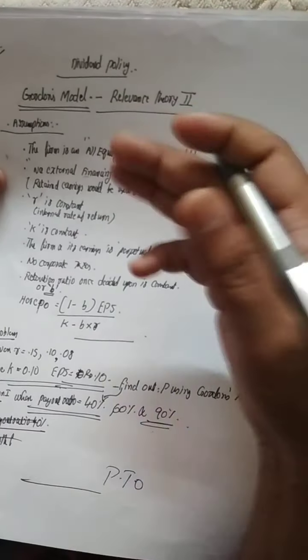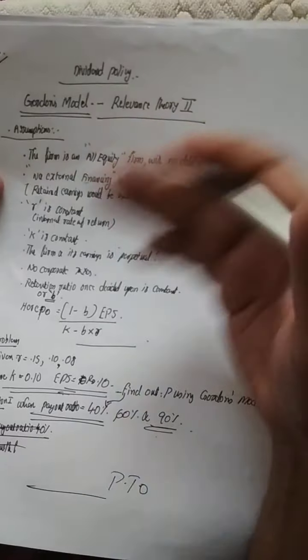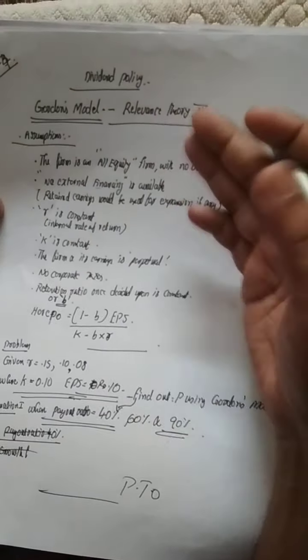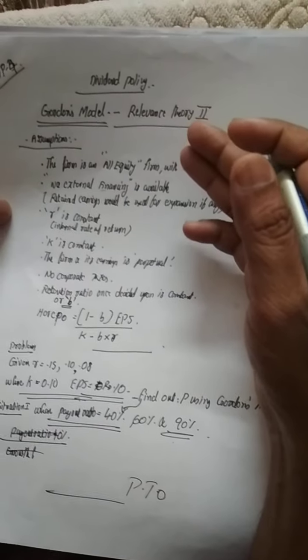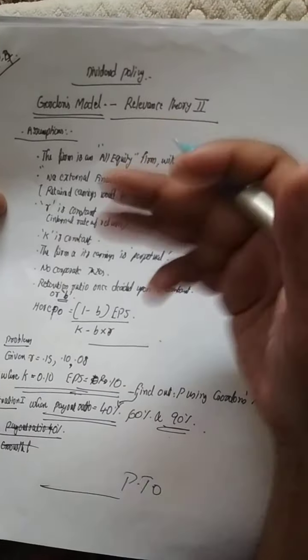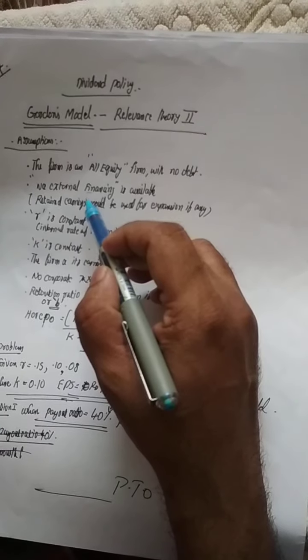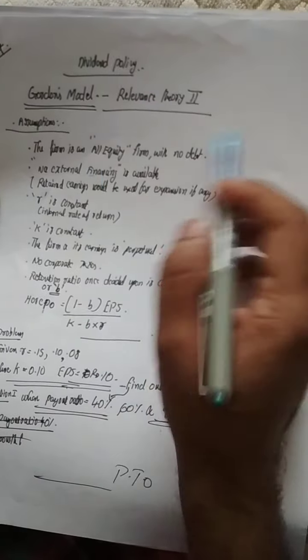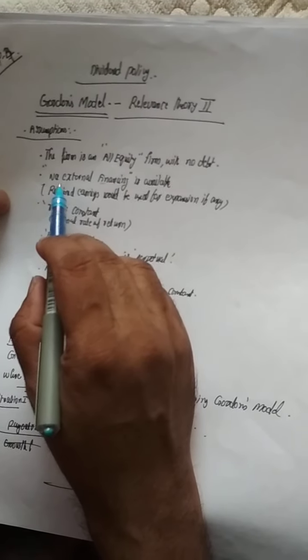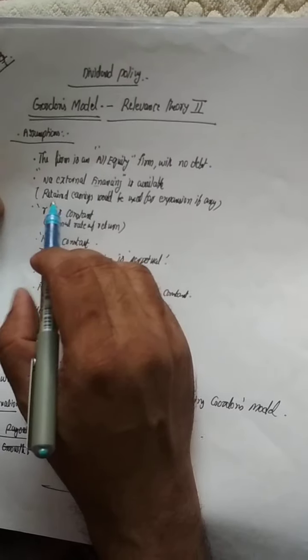If you check the annual reports of Infosys, the leading IT company, you could see that around the 2016-17 balance sheet, there was no external debt. Entire financing was done internally, means through equity. So that is the second assumption, no external financing is available.